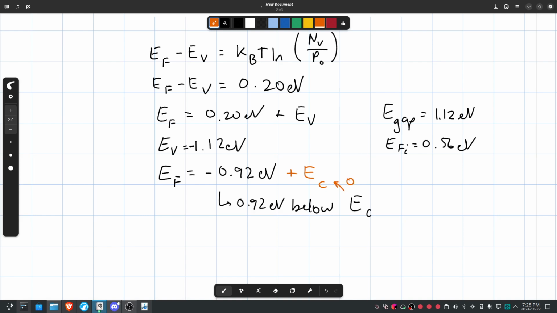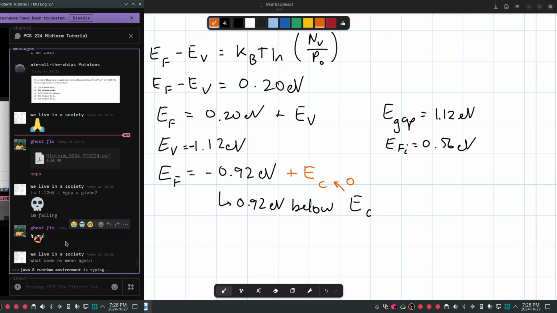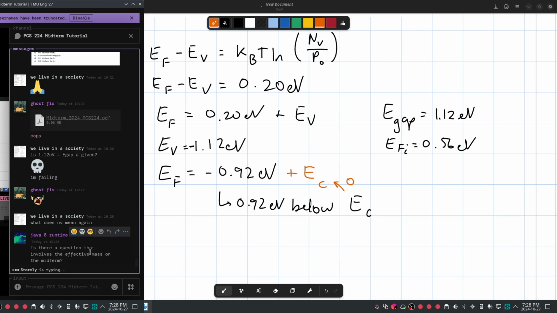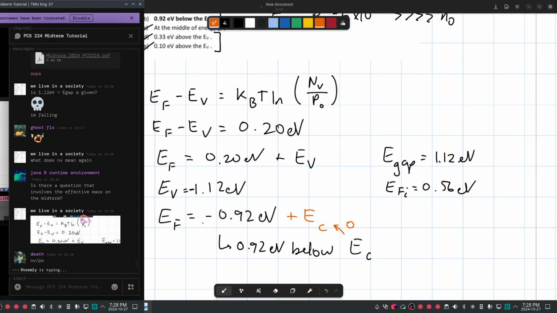What does N_V mean again? N_V, we don't have an N_V here. You mean E_V? N_V over p0. Oh, that's from your formula sheet.